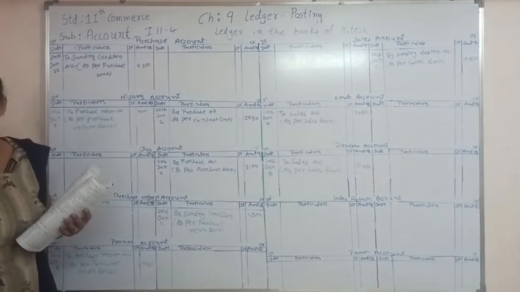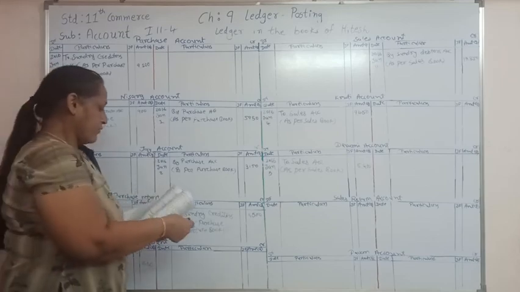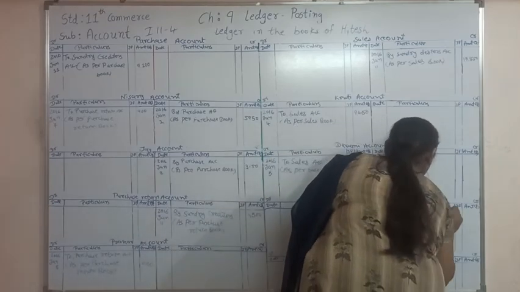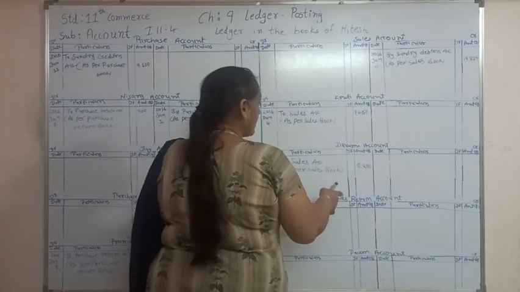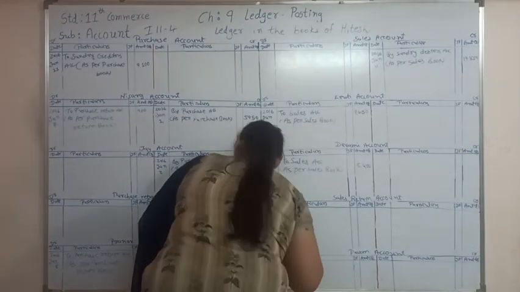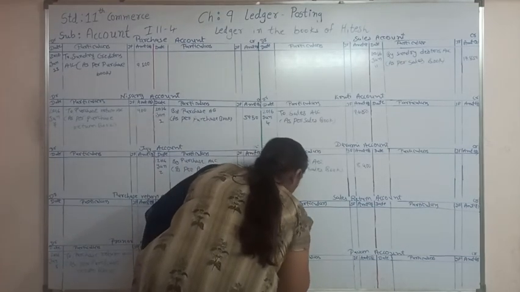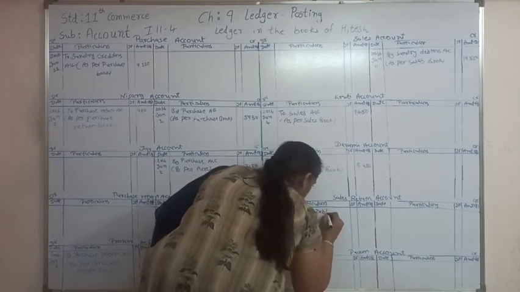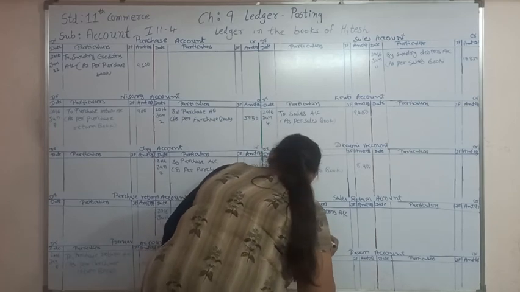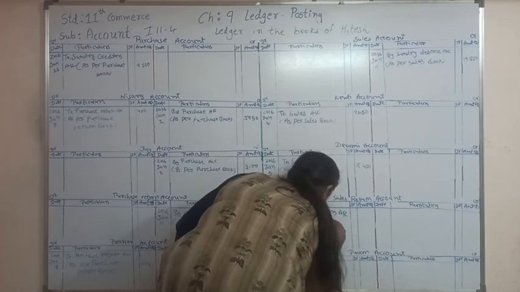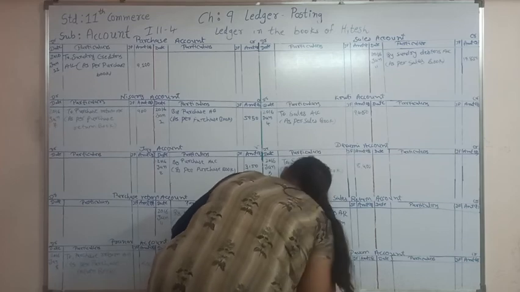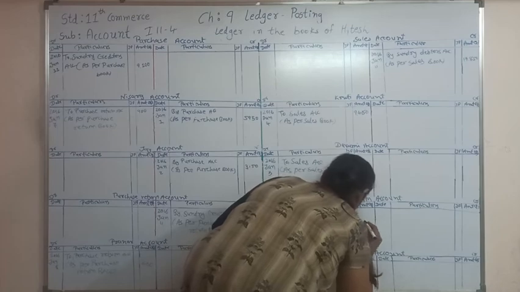Now let's see the sales return book. For the sales return book, we are going to write here: in the sales return account, we will write 2,000 on the debit side. 2016 January 11 to sundry debtors account, as per sales return book, and the total will be 3,200.